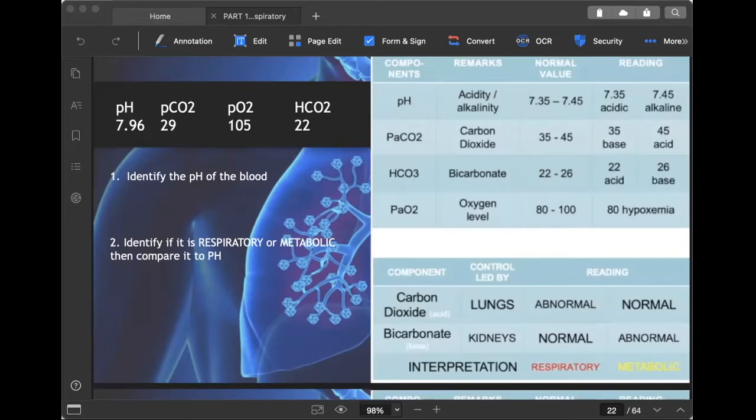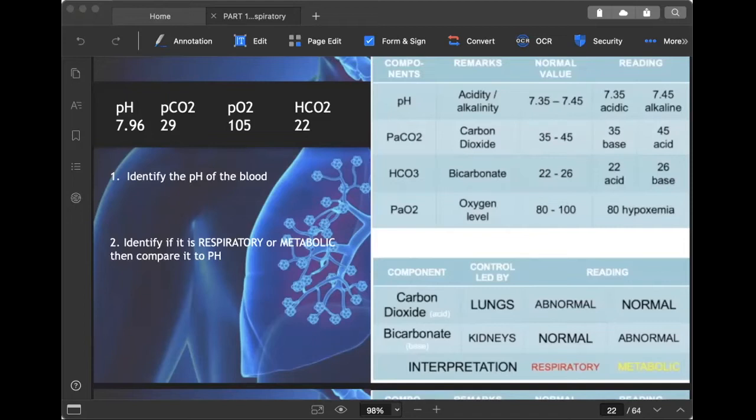For example, here you have a pH of 7.96, that is already alkalosis, and your carbon dioxide is 29, that is low. And here you also have your bicarbonate, which is 22. This one is in your normal range.